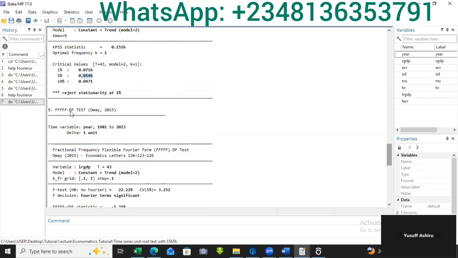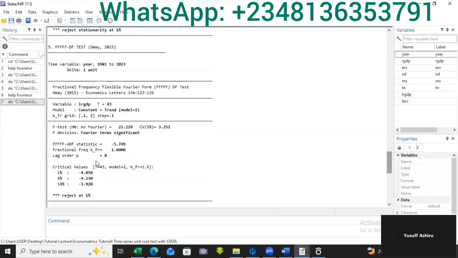Now let's see the fractional frequency flexible Fourier test. If you check this, let's see what happened. For the Fourier fractional unit root test, you can see here the test statistic.